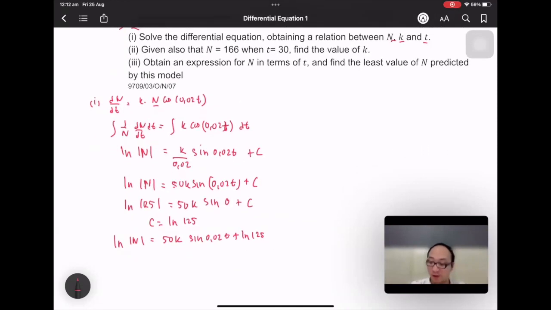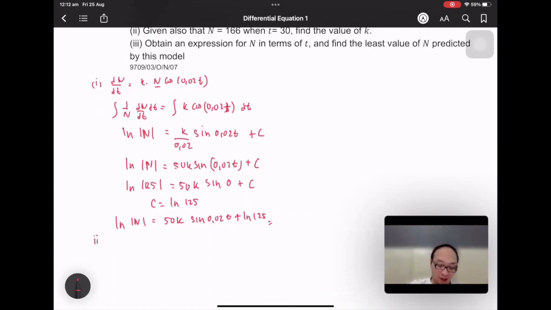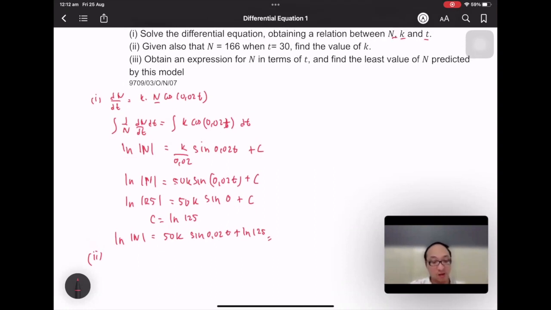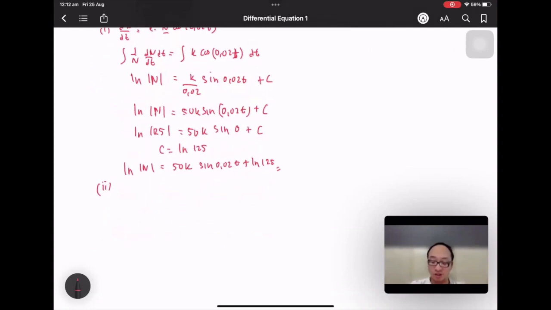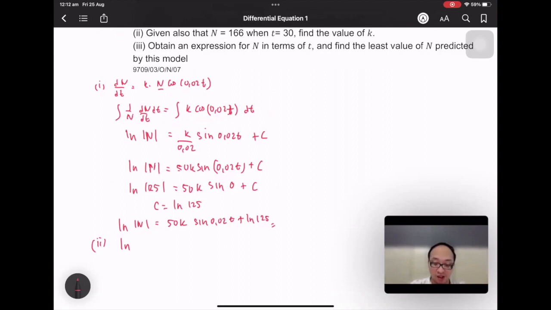Okay, this one. And then for part two, given also N equals 166 when T equals 30, find the value of K. So we put ln 166 equals 50K sine(0.02 times 30) plus ln 125.